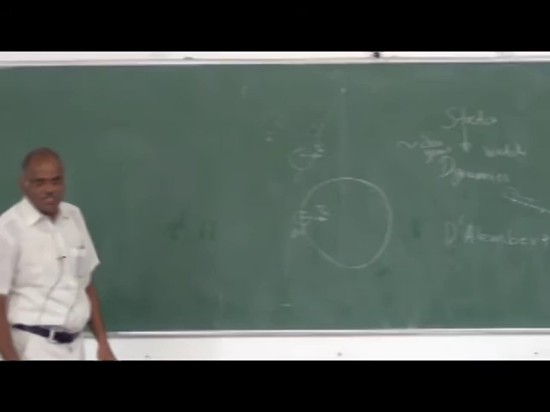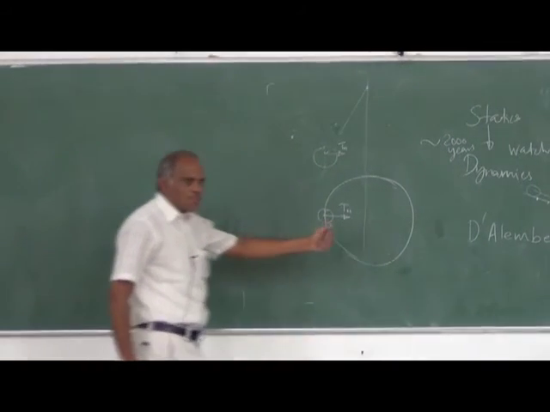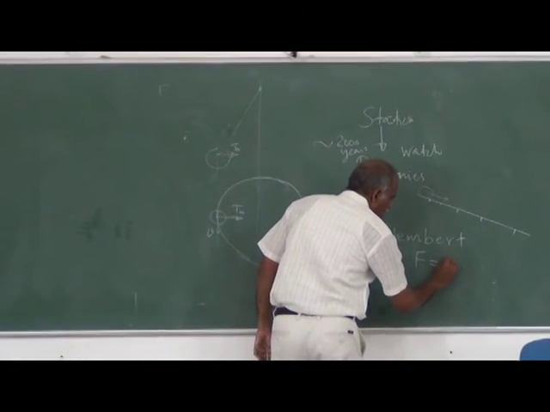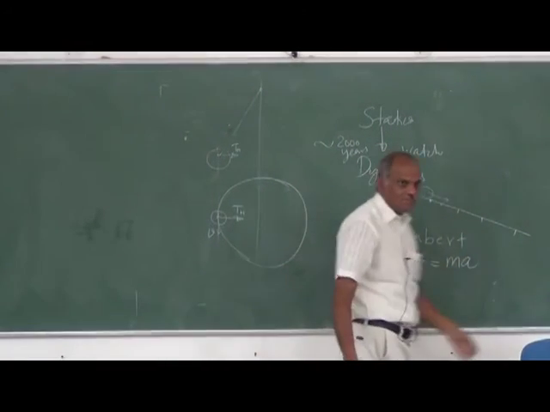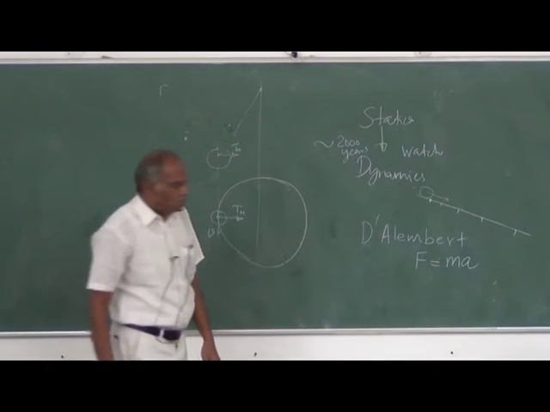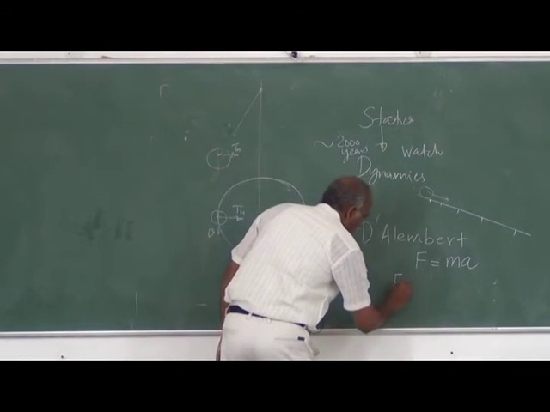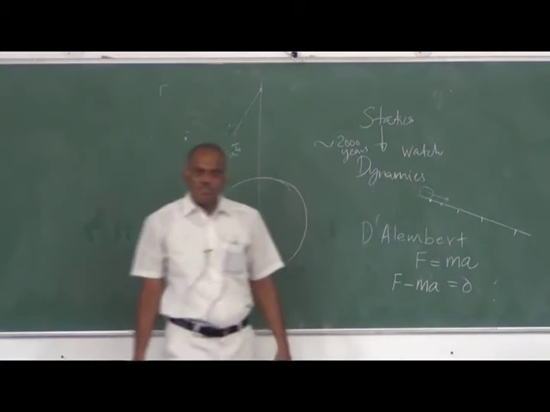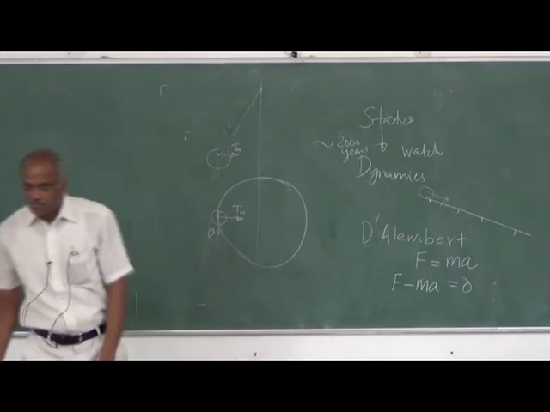So his principle is that he has written like this: F is equal to ma. It is a non-equilibrium condition. You write like this: F minus ma equal to 0. That is an equilibrium condition.